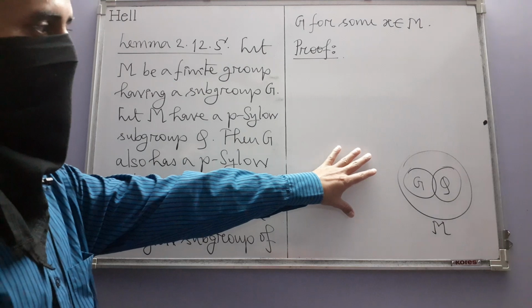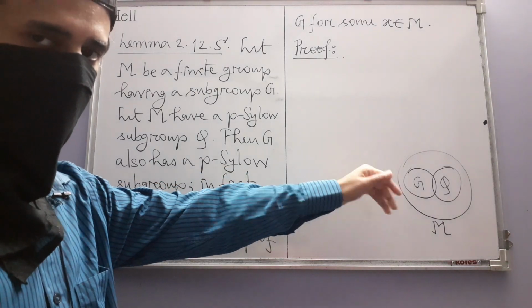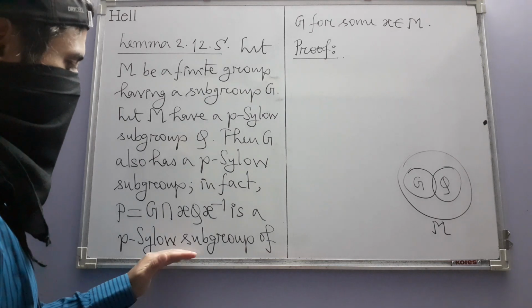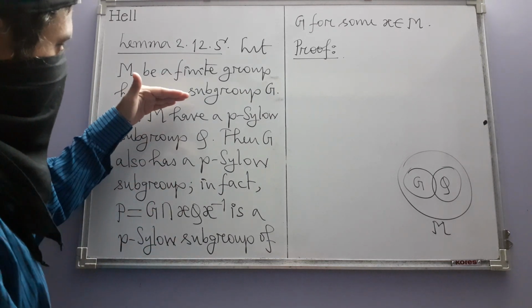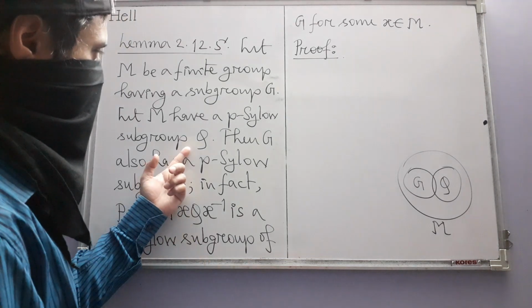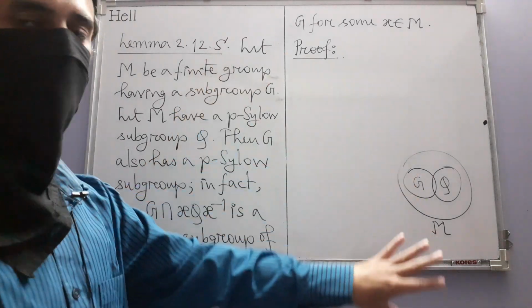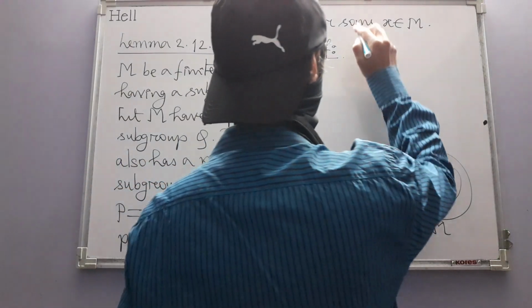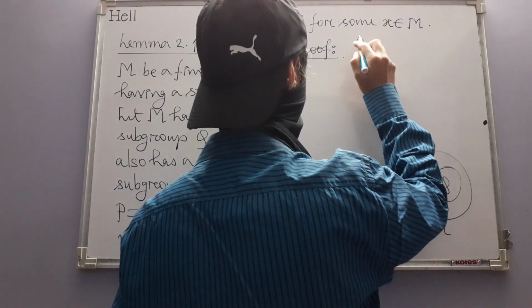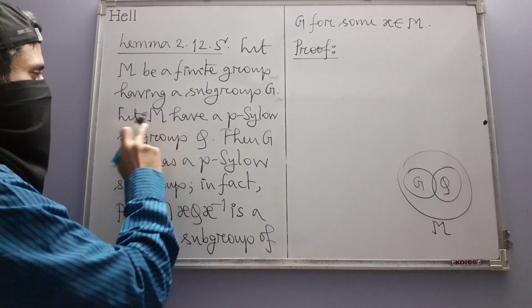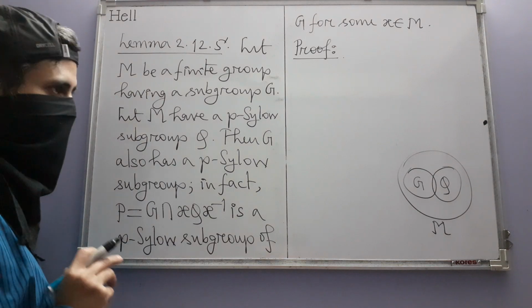But before we get to this decomposition by double cosets of G and Q, let us see what these things mean. That's how the author started the proof. That is by restating what these things actually mean. So we are saying that Q is a p-Sylow subgroup of M. M is a finite group.